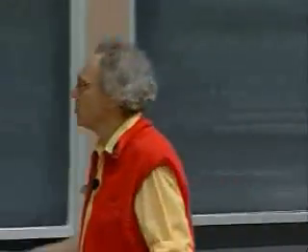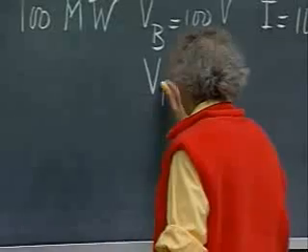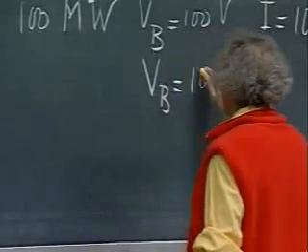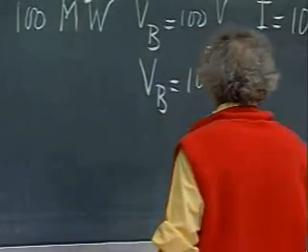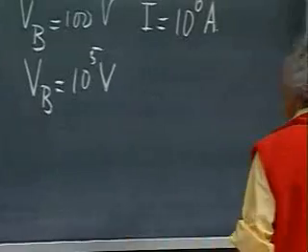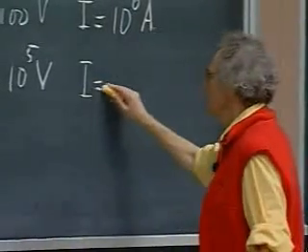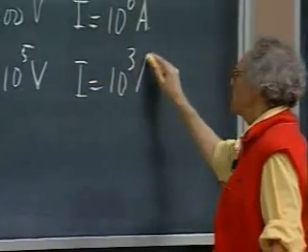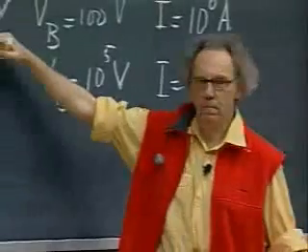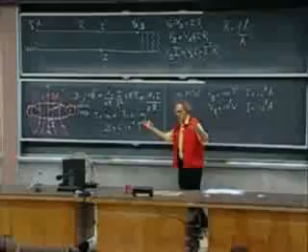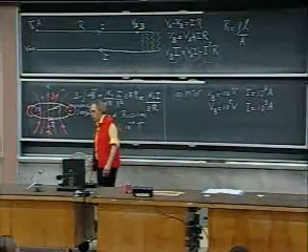Alternatively, suppose that the potential at B in the wire is 100,000 volts, 1,000 times higher. Now the current is only 1,000 amperes. That gives me the same power. In both cases, I am consuming at a rate of 100 million joules per second.